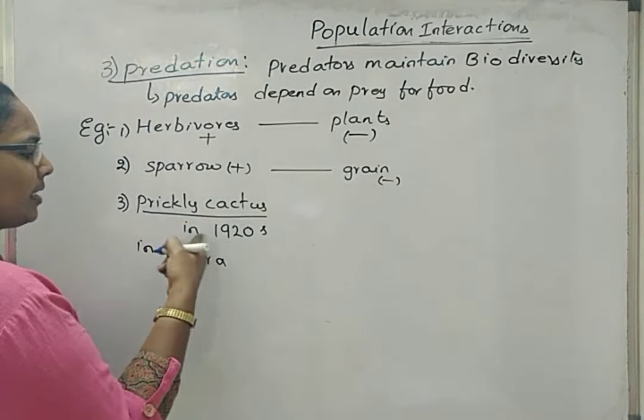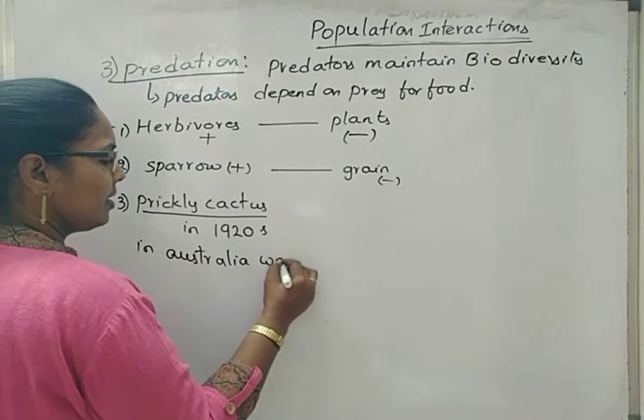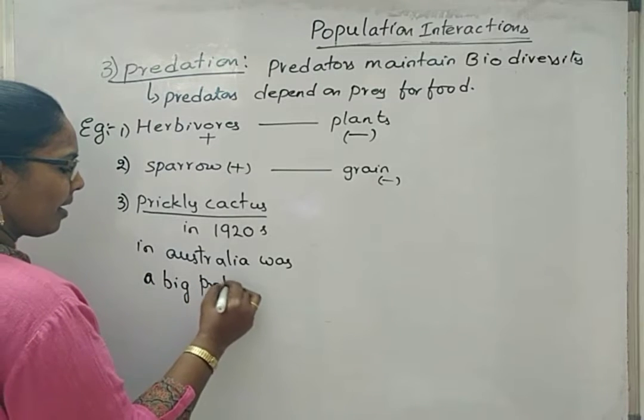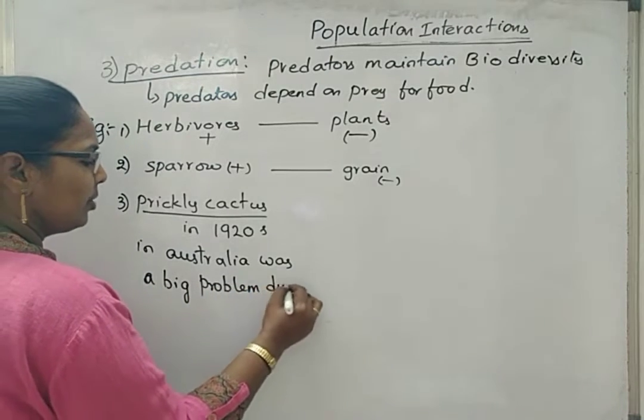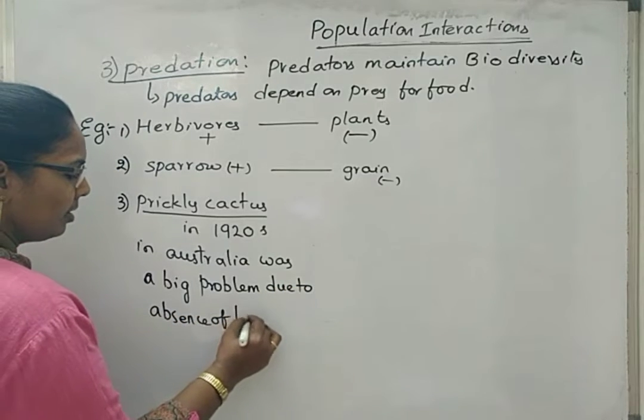So prickly cactus in the 1920s in Australia was a big problem due to the absence of a local predator.